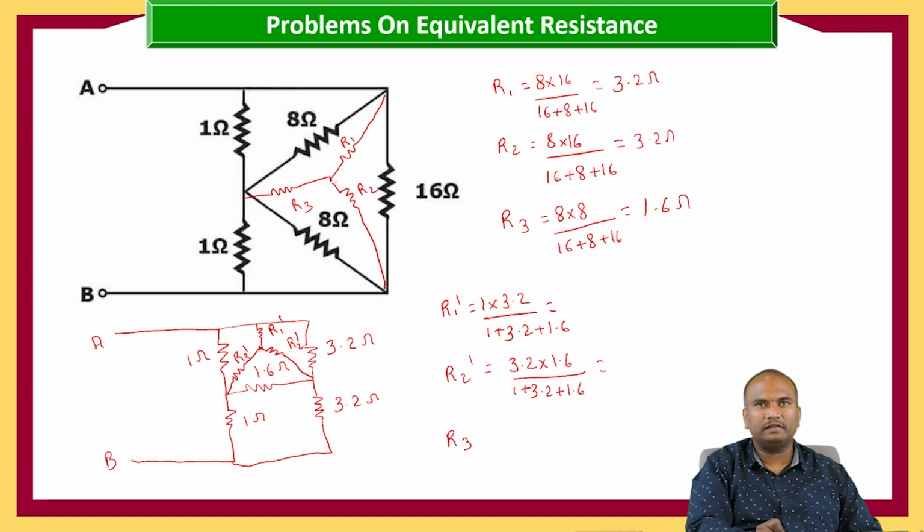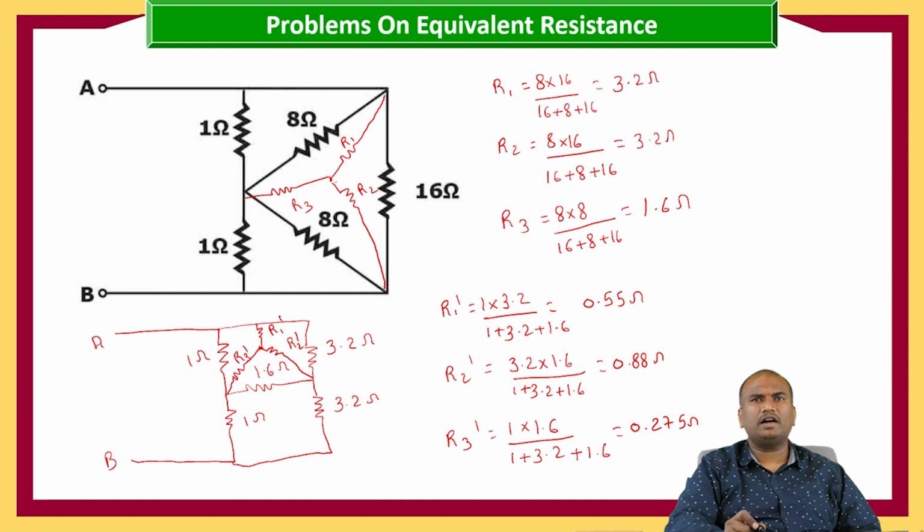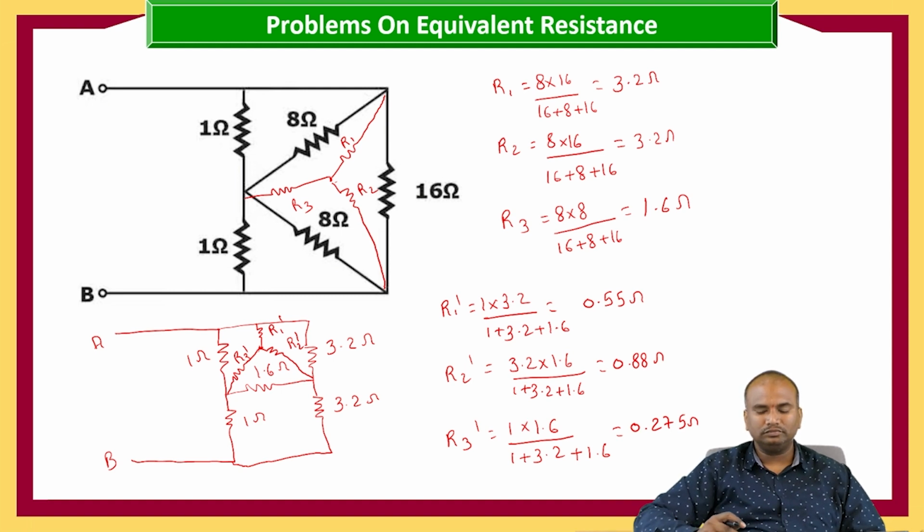And R3 dash is equals to 1 into 1.6 by 1 plus 3.2 plus 1.6. Now our star values are 0.55, 0.88 and 0.275 ohms. Now let us replace our circuit with these star values.